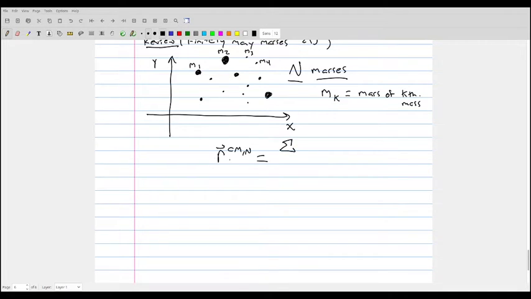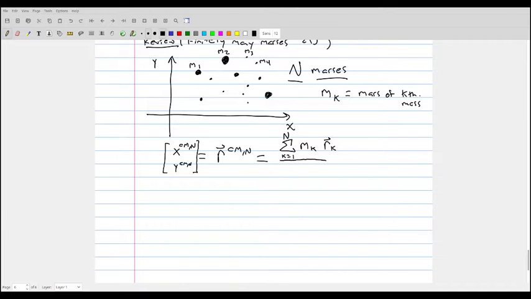This is a vector, right? So it has two separate coordinates. There's an x coordinate and it has a y coordinate. So it's the sum from k equals 1 to n, the sum over all of the masses, of the mass of the kth mass times the position of the kth mass.